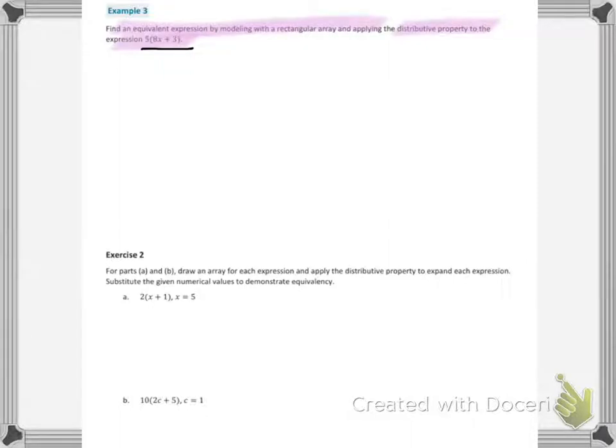We are going to create, firstly, a rectangular array. Let's see if we remember that. The 8x plus 3 part is the part we want to deal with first.